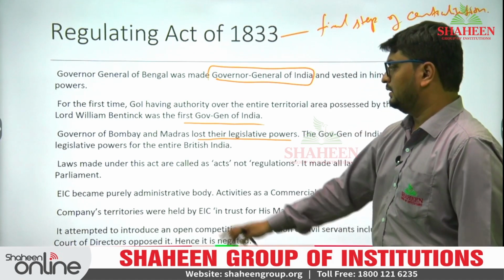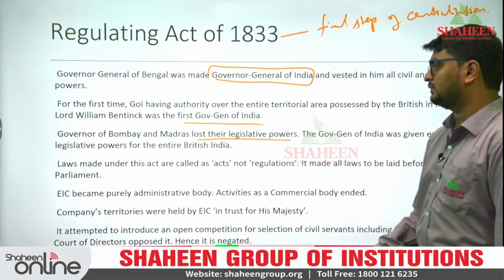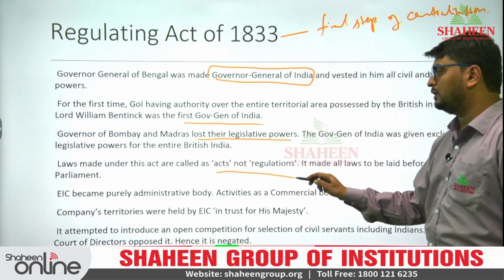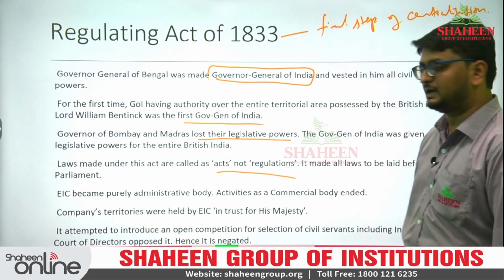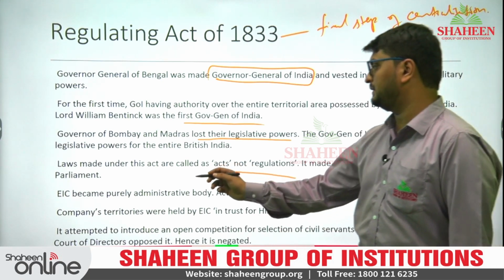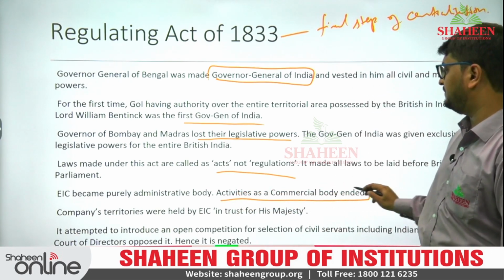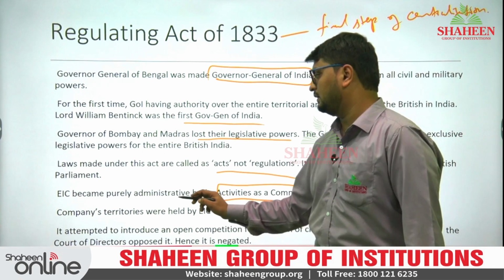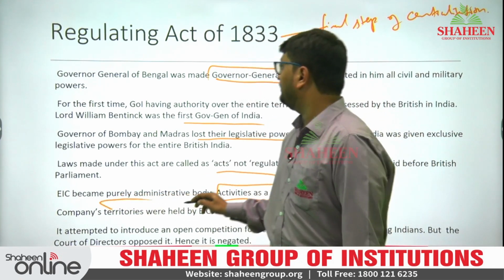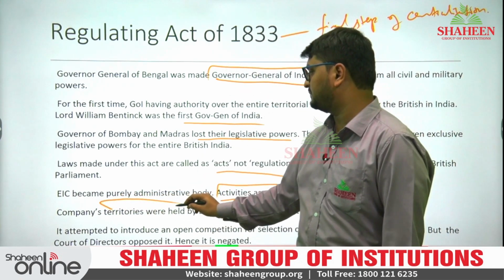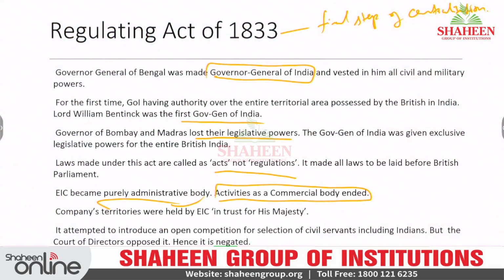Laws made under this act are called acts, and no more are they considered regulations. So East India Company became purely an administrative body and its activities as a commercial body ended. Company's territories were held by the East India Company in the trust of His Majesty.